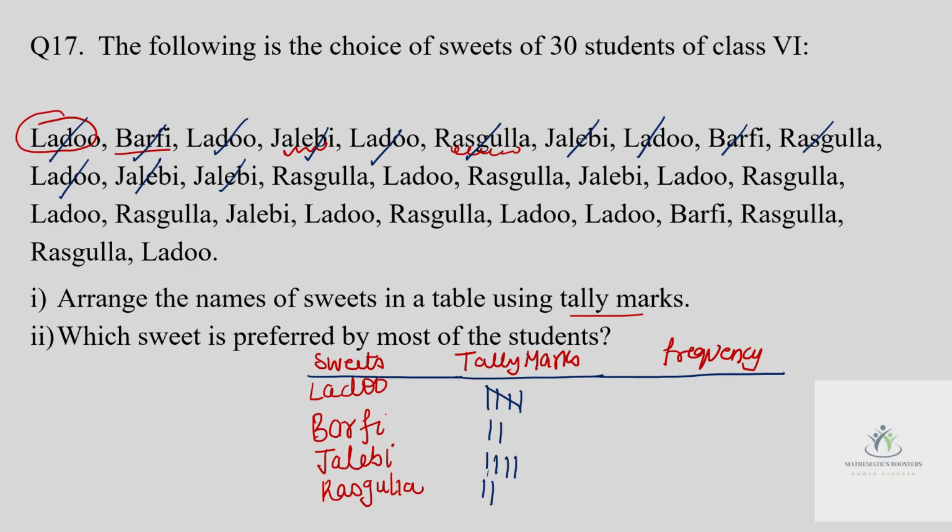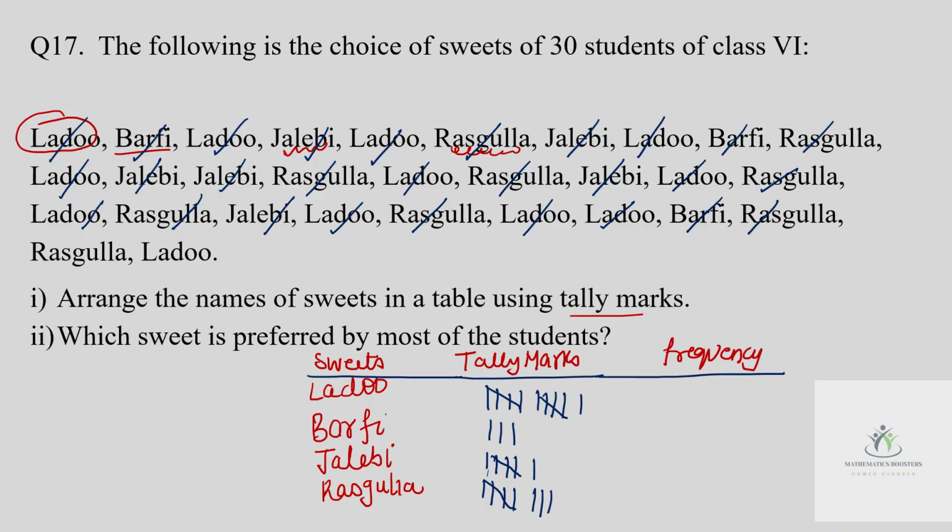Next, jalebi, rasgulla, laddu, rasgulla, jalebi, then laddu, rasgulla, laddu, rasgulla, jalebi, laddu, rasgulla, laddu, pack of 5, then again laddu, barfi, rasgulla.